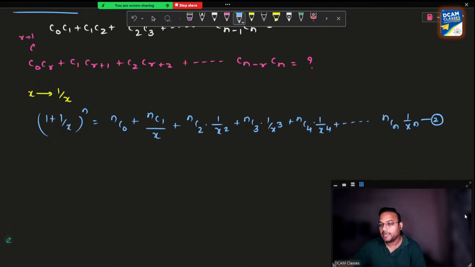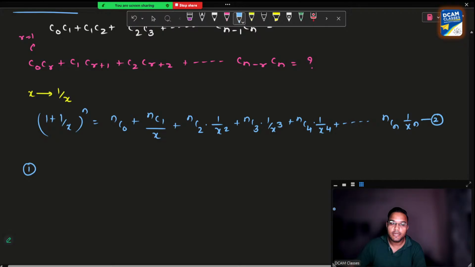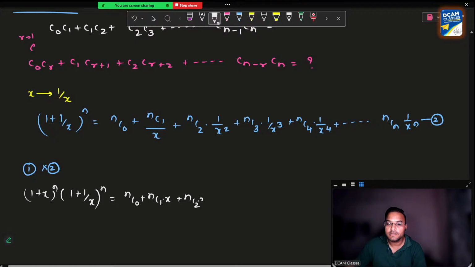Now try to see, you are multiplying 1 with 2. Multiply them both: 1 plus x whole power n into 1 plus 1 by x whole power n. This becomes nC0 plus nC1 into x plus nC2 into x square, and so on, nCn into x power n. This is the first part, 1 plus x whole power n expansion.